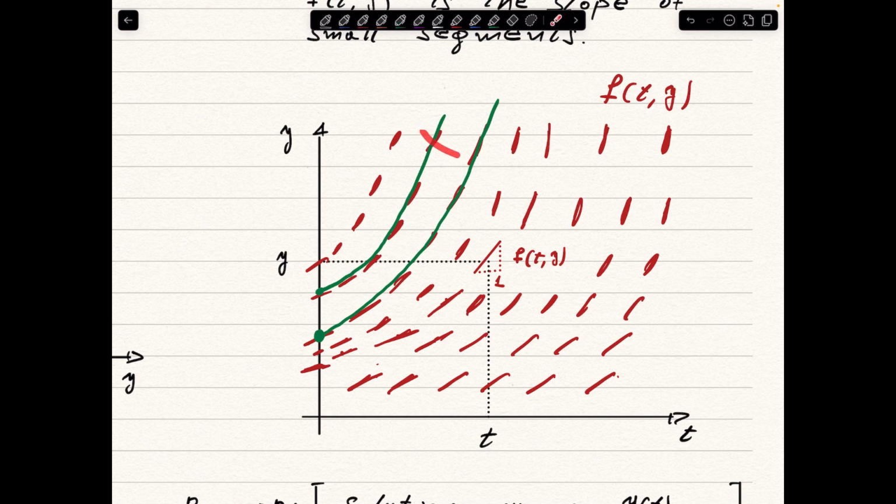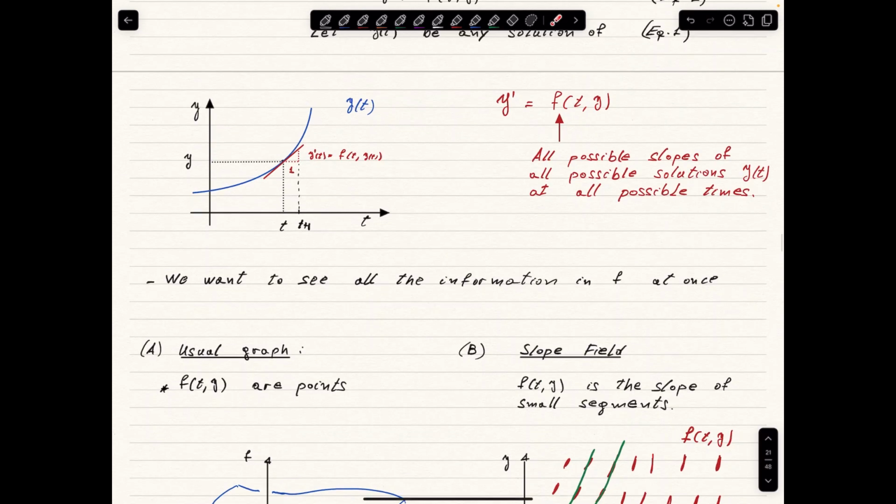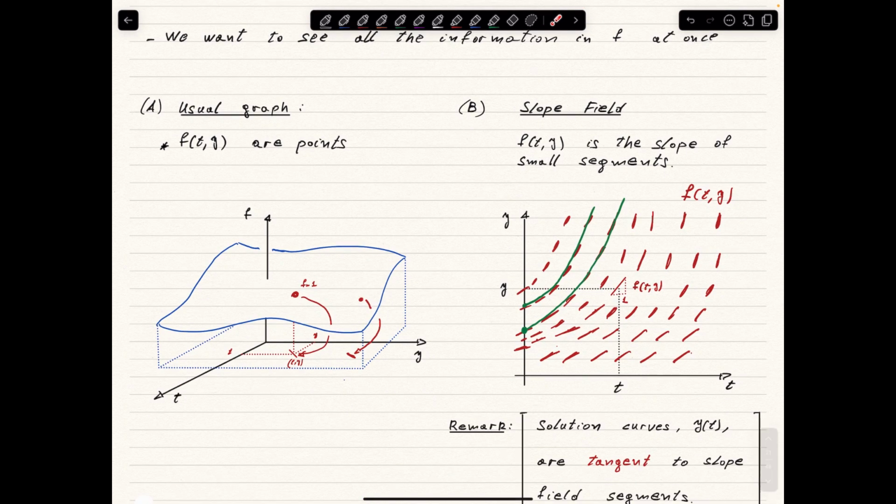Solutions cannot cross the slope field like here, because the solution has to be such that this slope field is tangent to the graph of the function, because this function is a solution of the differential equation and the derivative is this value of f. So here we have two possible solutions of the differential equation with different initial conditions.